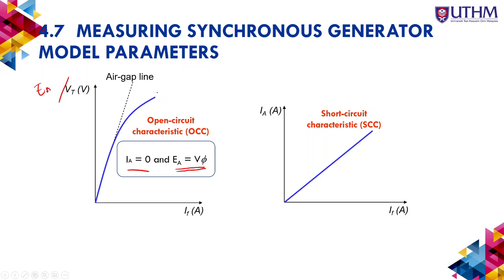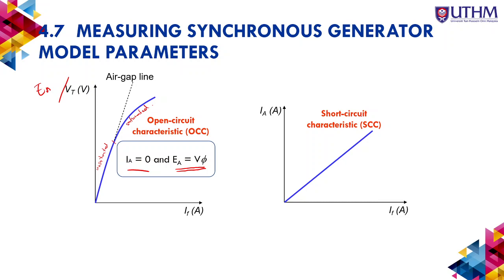This is like a magnetization curve. This is the unsaturated region, and this is the saturated region. This is due to the air gap. At the beginning there is no ionization, and then once you increase the current, the current will produce the magnetic field, so the iron will be there, and then it becomes saturated.